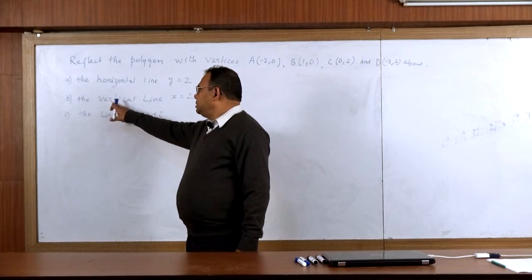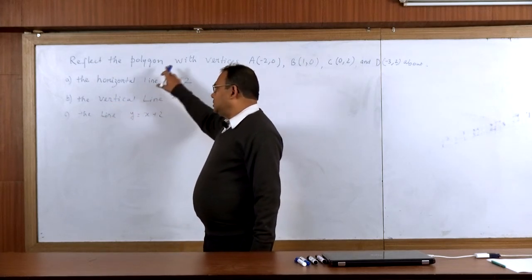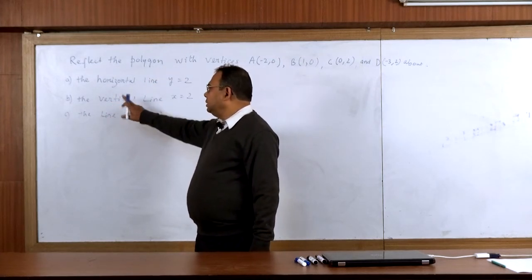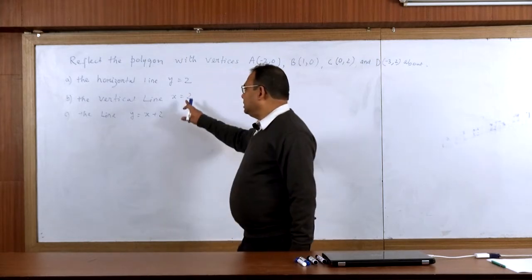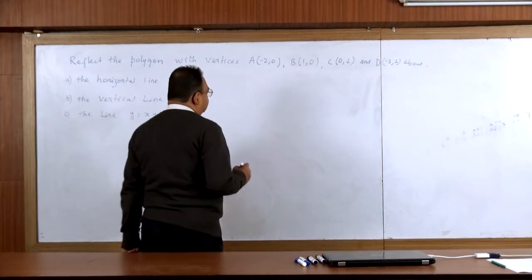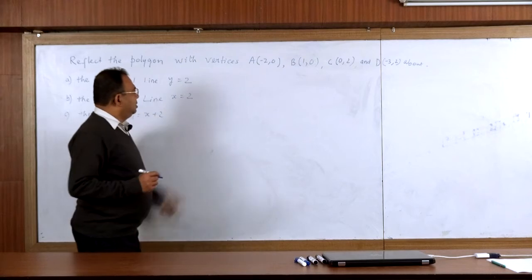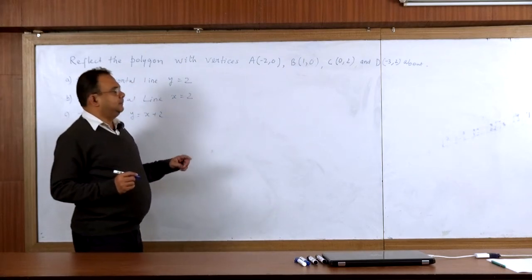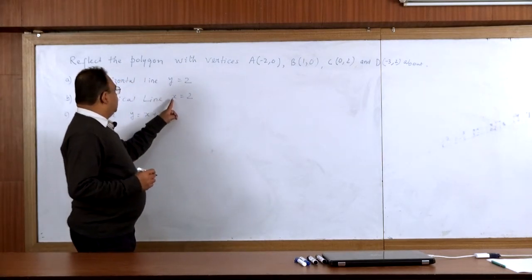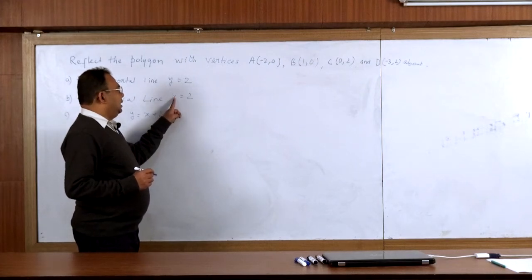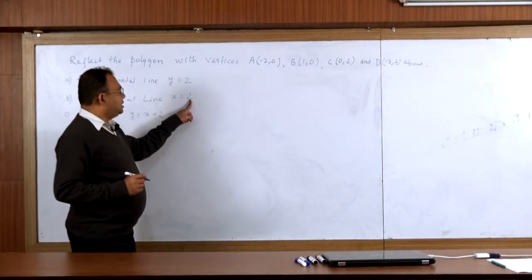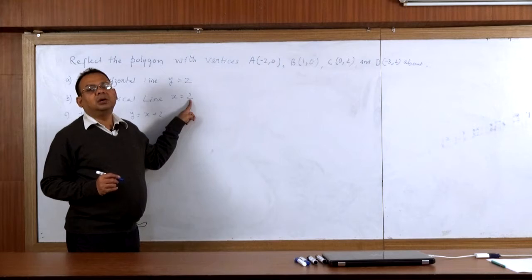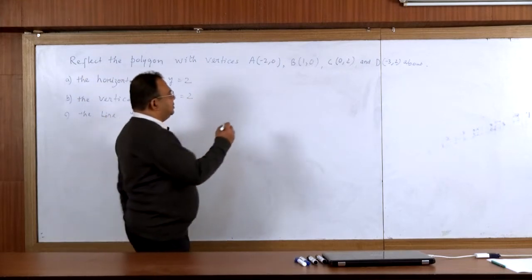The next problem is how the same object can be reflected with respect to the vertical line x is equal to 2. So, in this case we have to give a transformation so that this line reflector x is equal to 2 coincides with the y axis.